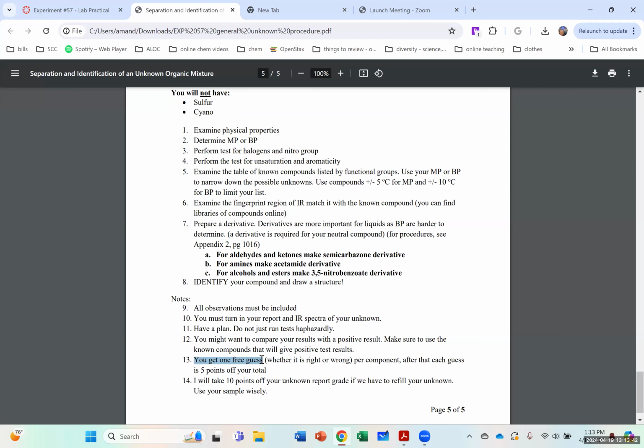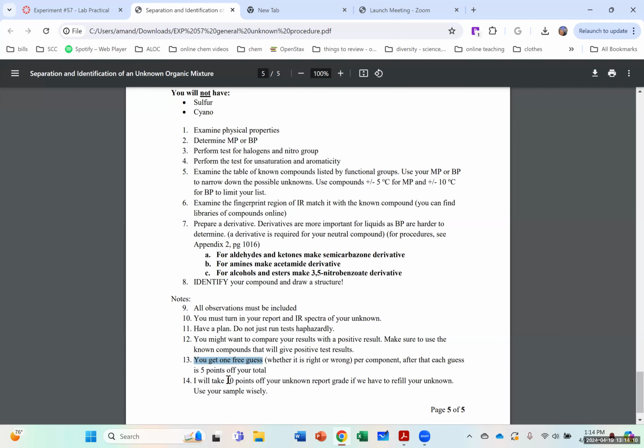Most people will guess until they get it correct, or if they've narrowed it down to 2, then they will guess, and if they were incorrect with their guess, then they are assuming they know the other one. It kind of comes down to, are you willing to spend 5 points so that you don't lose more points on your lab report for turning something in wrong?